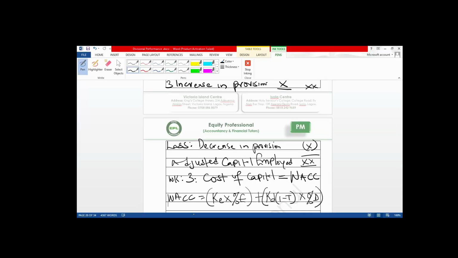These three variables that we have explained, and we have also illustrated, are required to calculate your economic value added.